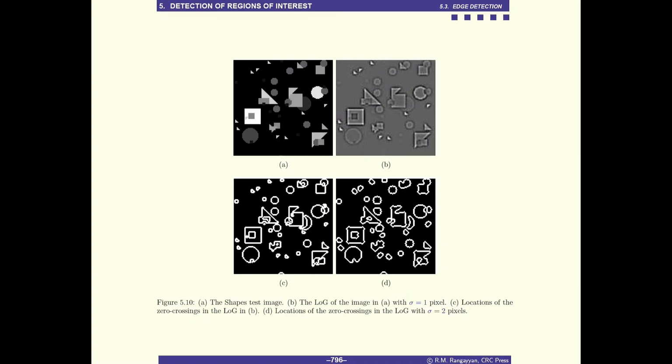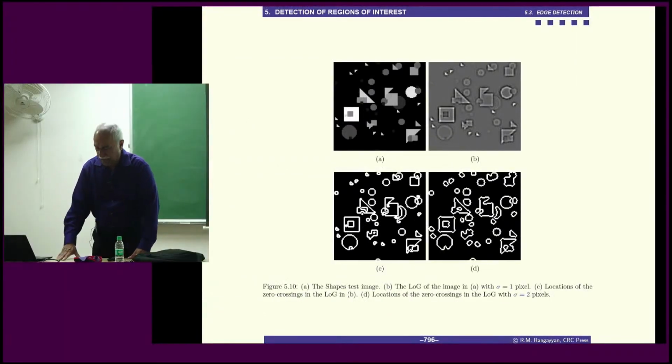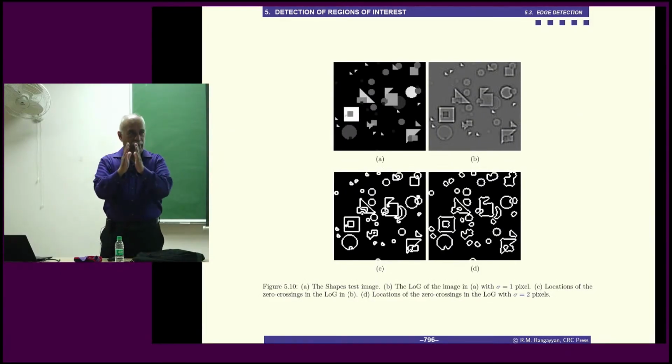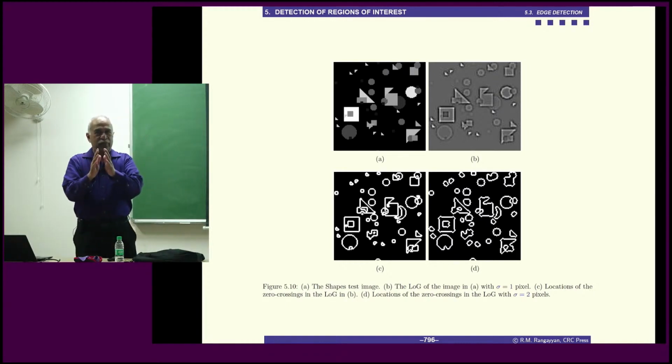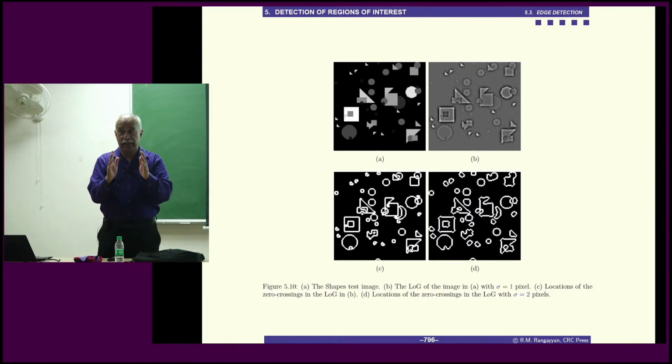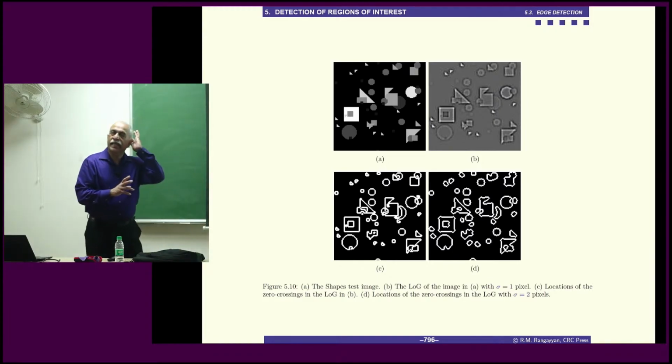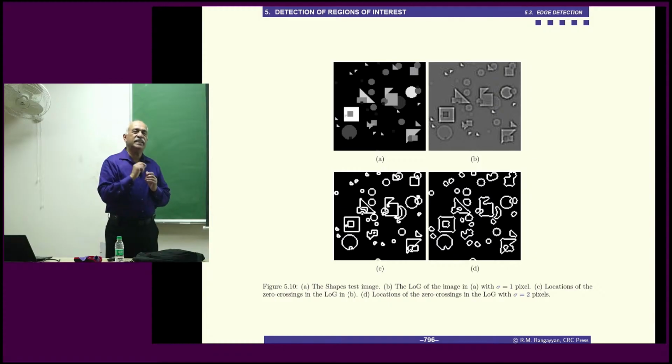Now this is a multi-scale operator, or scale-dependent operator, with the factor sigma, the Gaussian width. So that contributes to, you can say, smoothing or blurring. But that also helps in adapting to objects of different size.